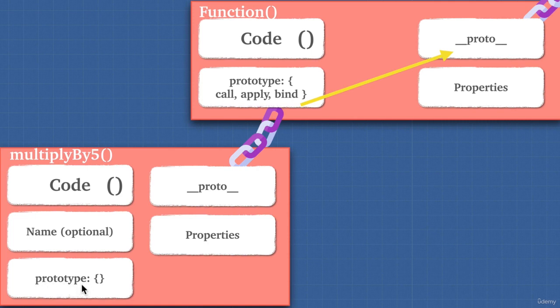Now, this prototype property is absolutely useless with any regular function. But when we have constructor functions, remember the ones with capital letters that we can invoke with new, well, this prototype finally becomes useful. And native constructor functions, like the function, comes with things like call, apply, and bind.